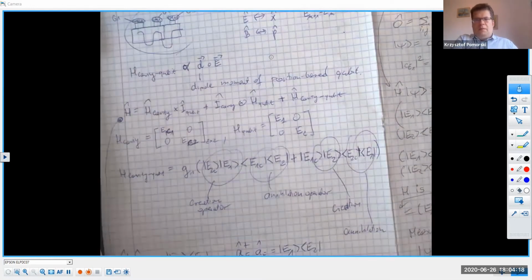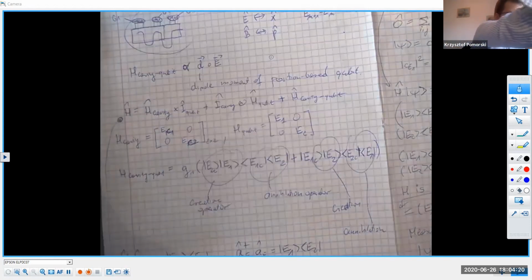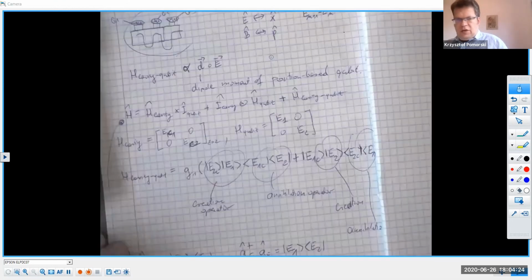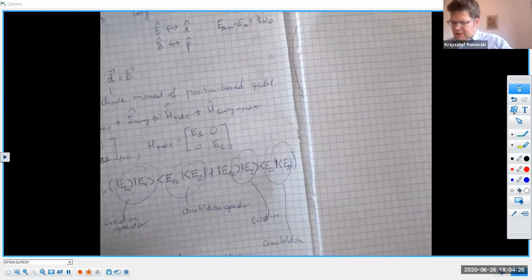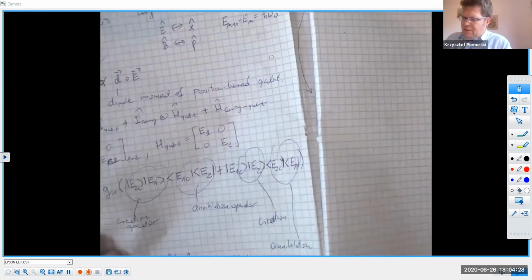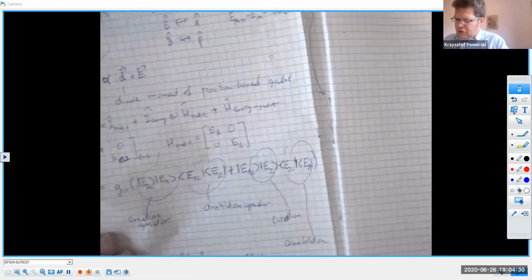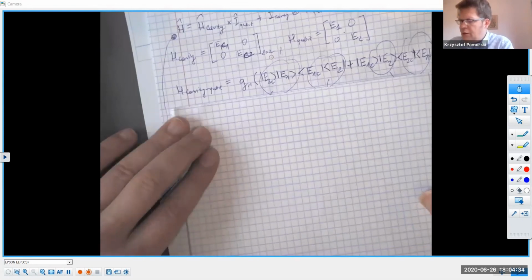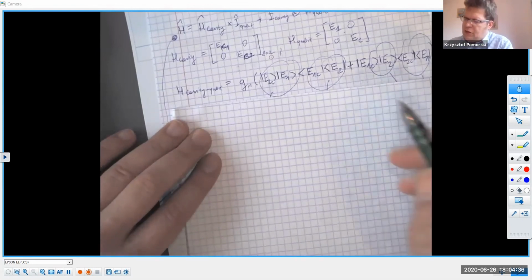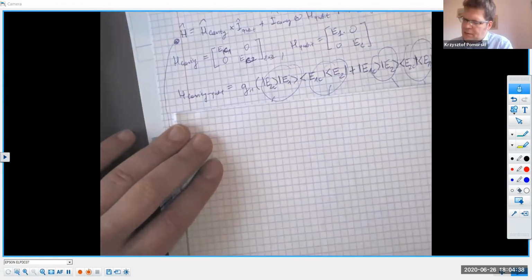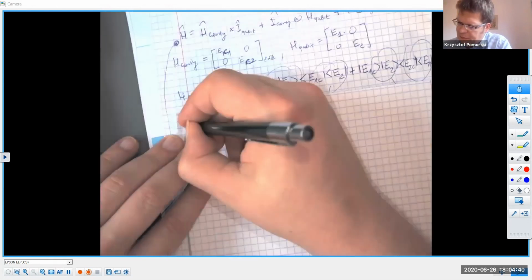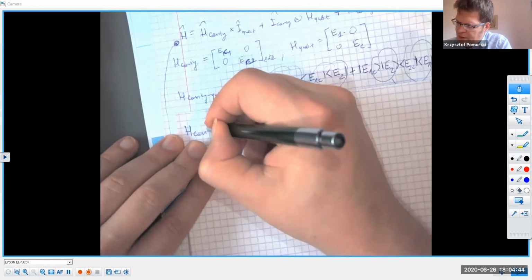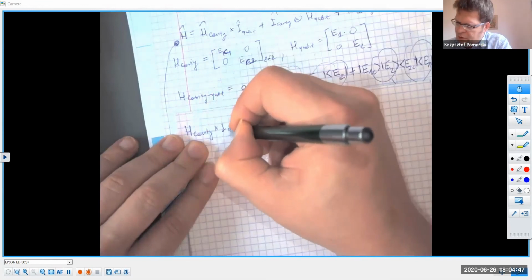All right, so what we had so far. Now we need to represent such operators, and maybe at first this term, cavity times qubit.